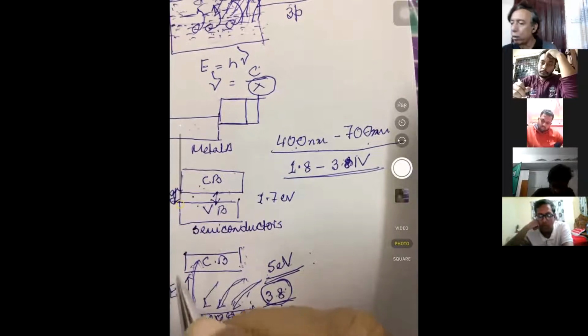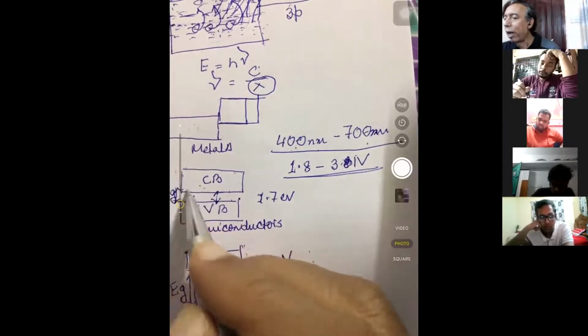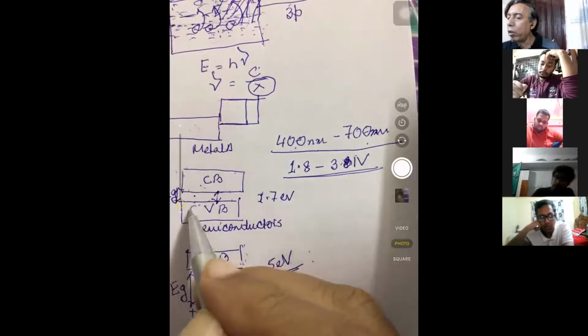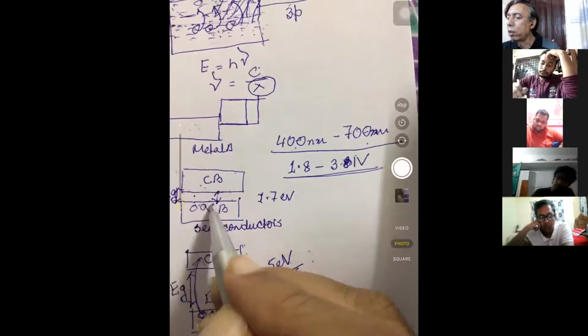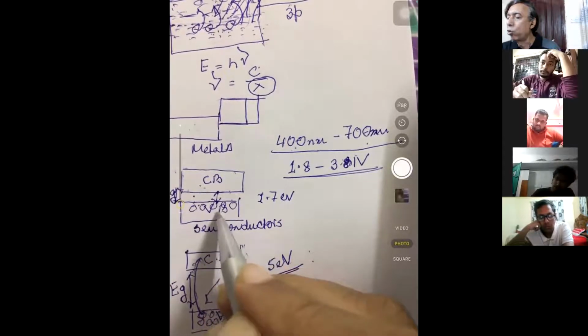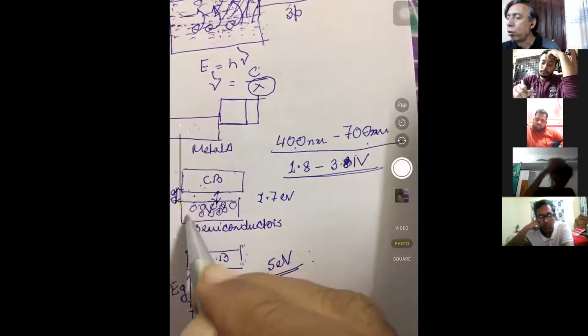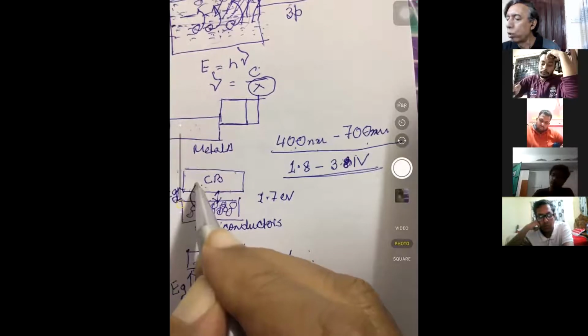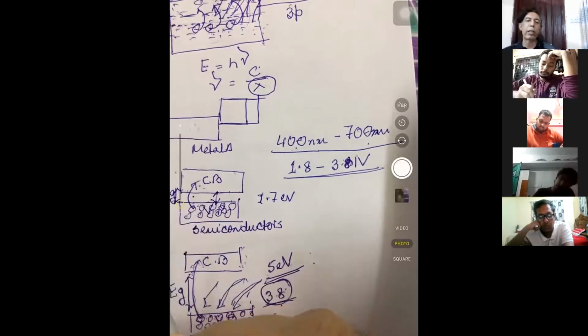What will happen if light falls here? All the energies of the light will be absorbed by these electrons, and the electrons will go to the conduction band.